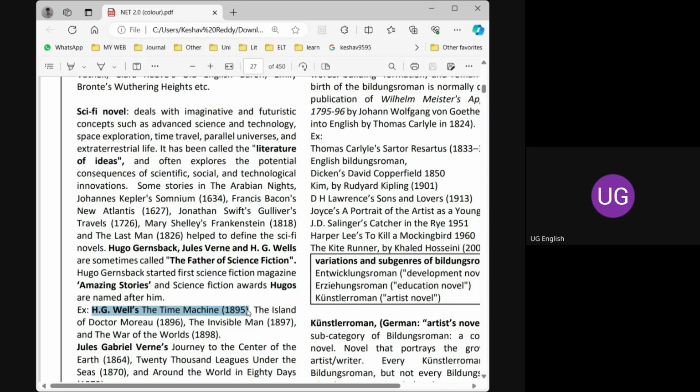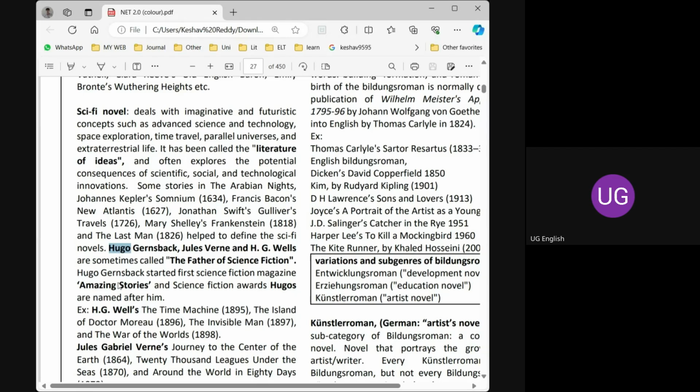So there are three persons, very important. Please remember this trio, like a trinity: Hugo Gernsback, Jules Verne, and H.G. Wells. These three are called the fathers of science fiction. So these three are very important. And there is an award called the Hugo Awards, like the Oscar Awards, like the Booker Prize, like the Nobel Prize.